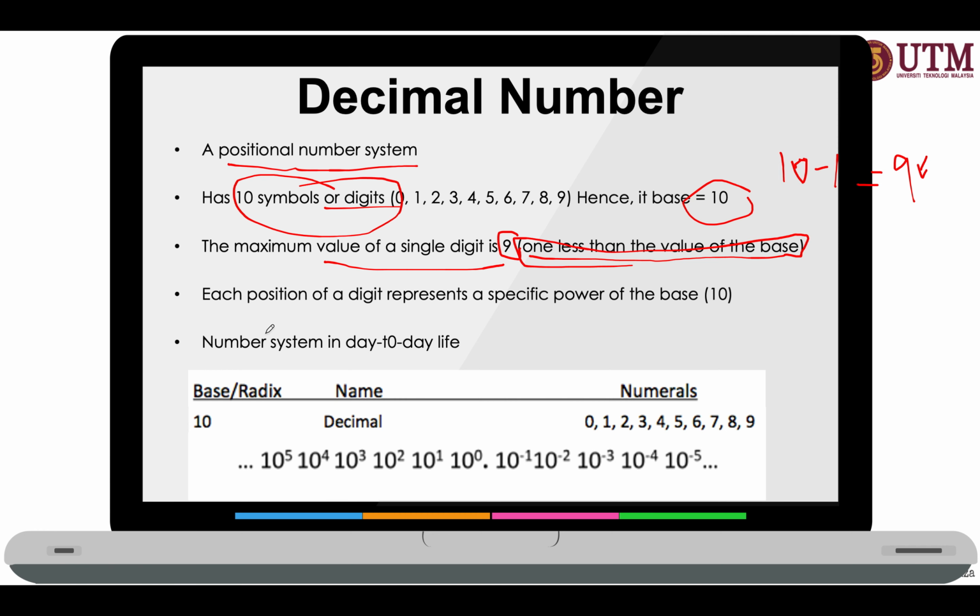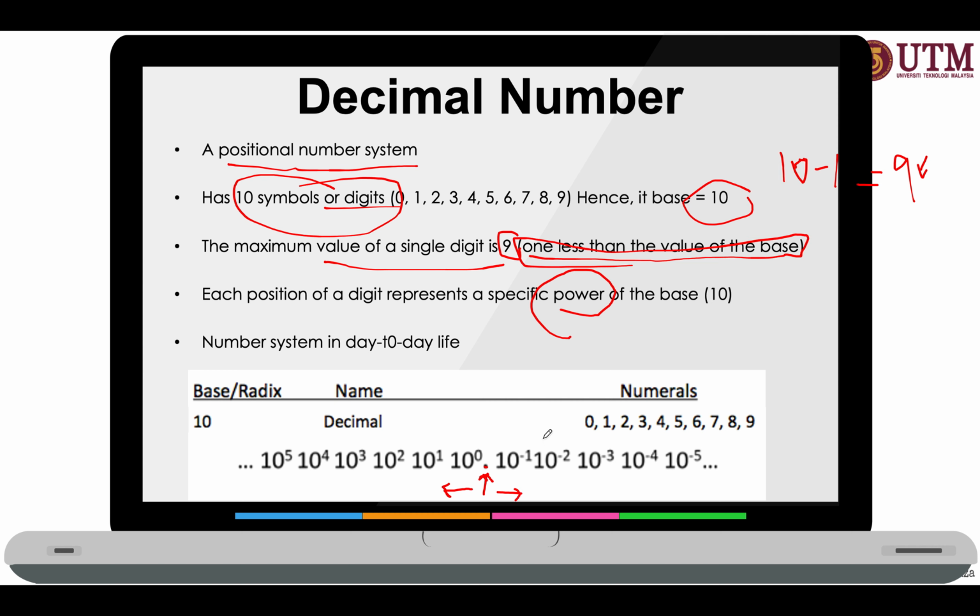Over here we can see each positional digit represents a specific power of 10. First we need to see where the starting point of the number is, which is the dot over here, which we normally call the point, or also a dot. If we go to the left, we have the positive side, and if we go to the right side, it is negative.